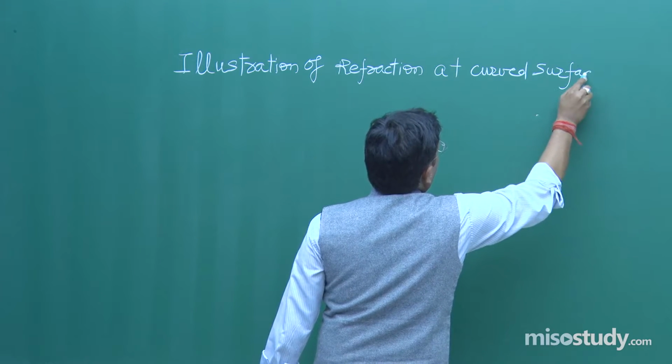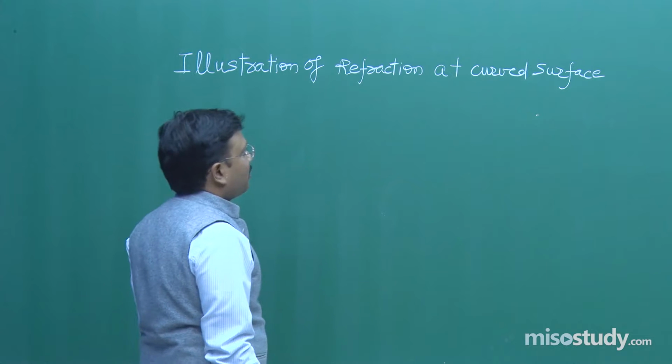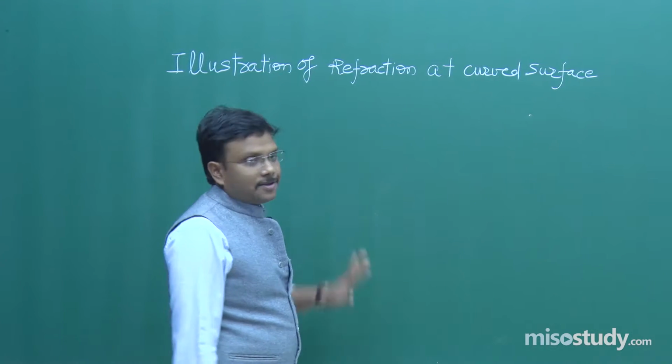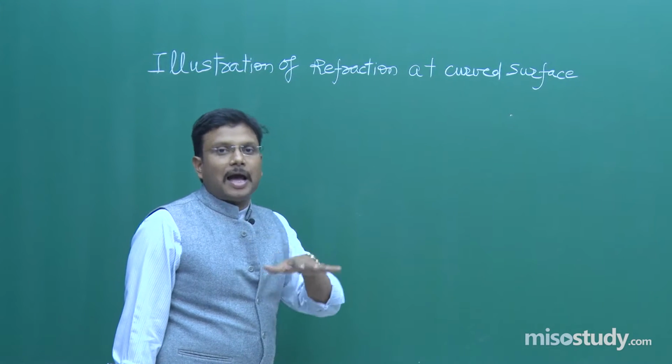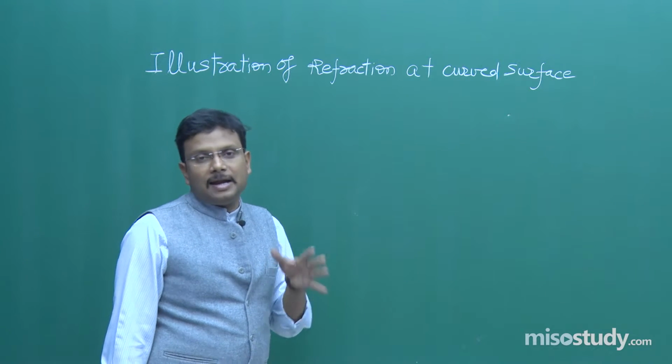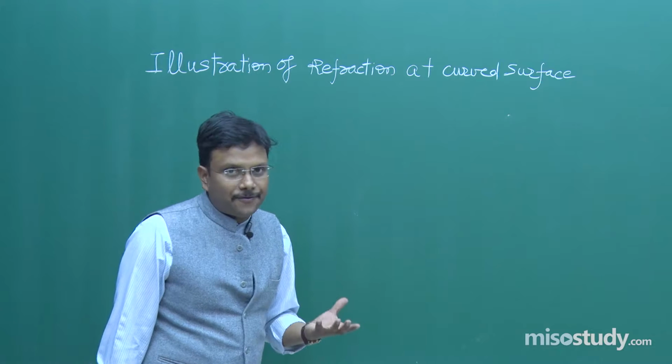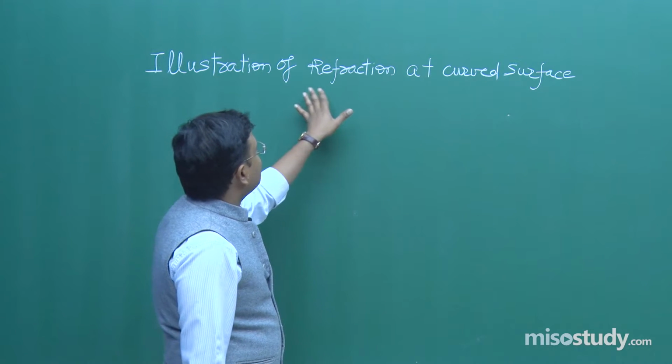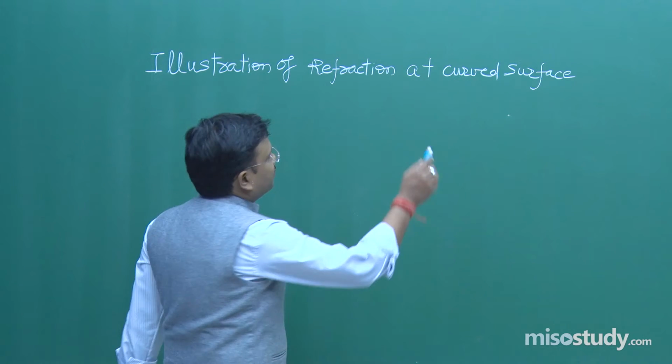Once again I am justifying this explanation. Curved surface matters because chromatic aberration, today's topic, is associated with lenses, and lenses are nothing but curved surfaces. So that is why I thought to explain this curved surface process.